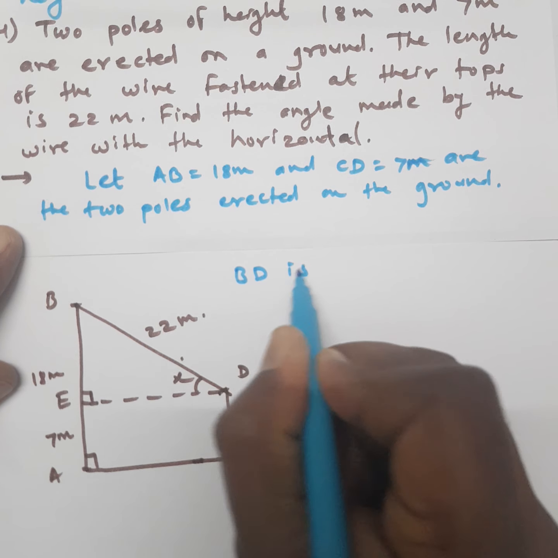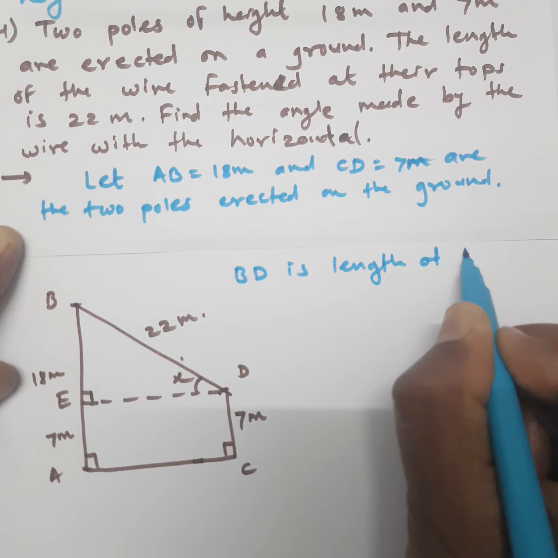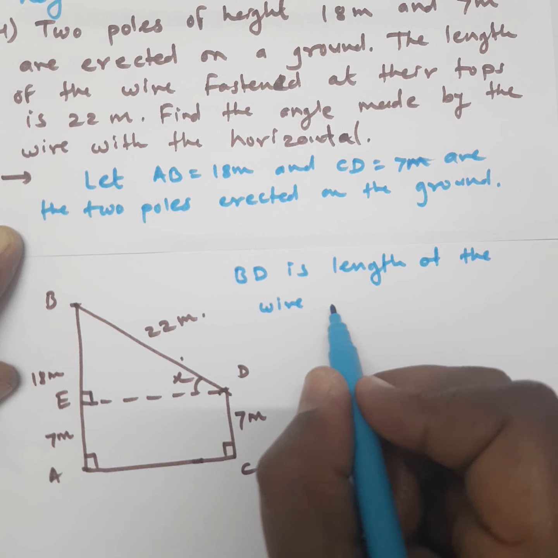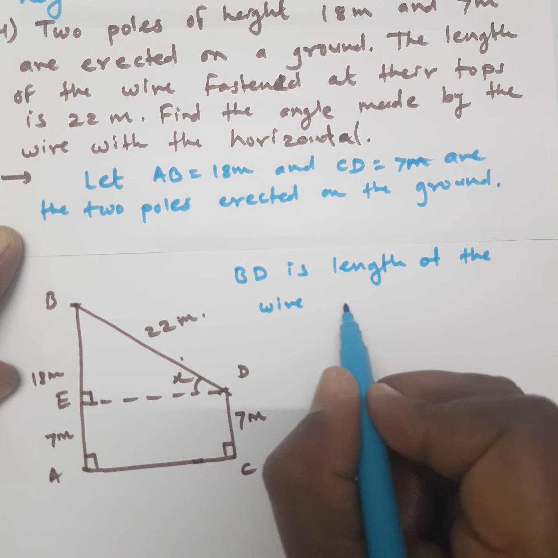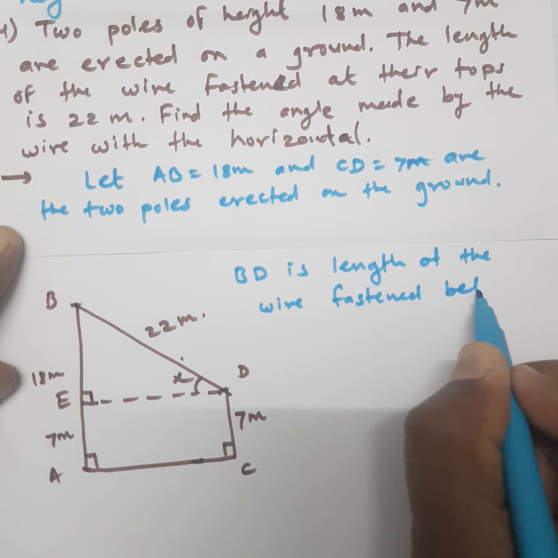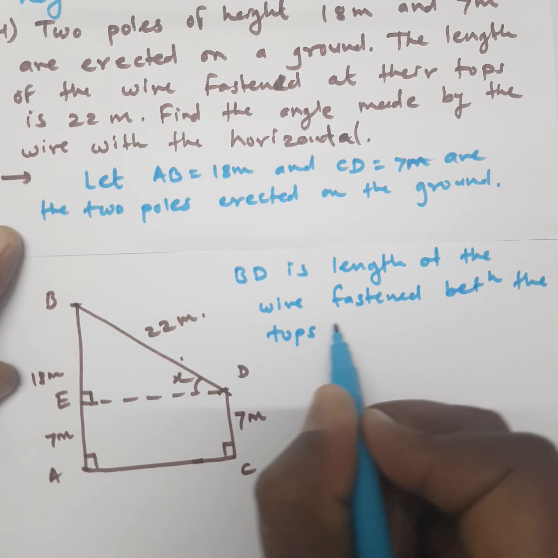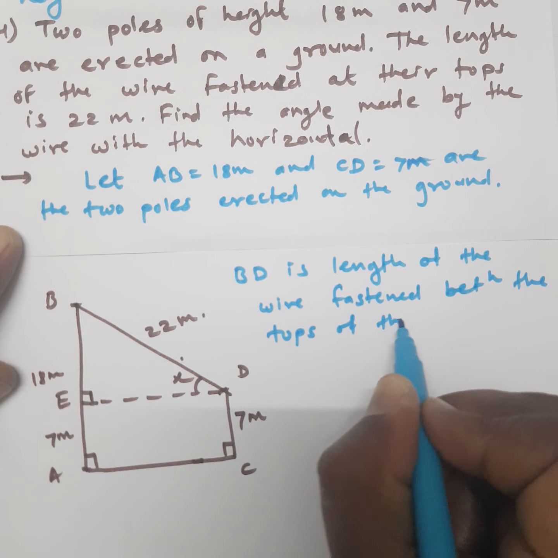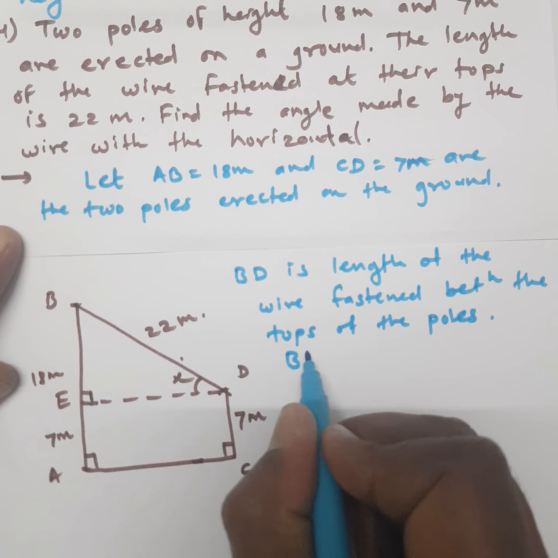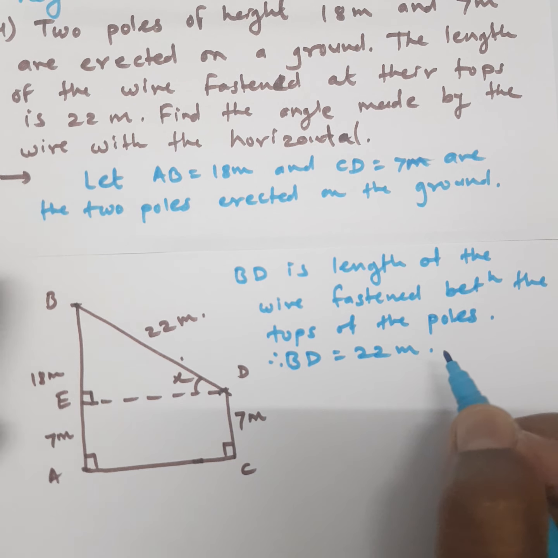BD is the length of the wire fastened between the tops of the poles. Therefore, BD is equal to 22 meter.